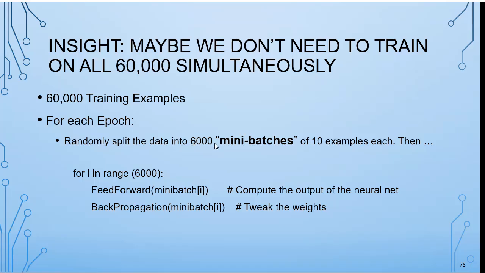Instead of having 60,000 examples in your epoch, I'm going to have 6,000 data sets. Each data set has 10 examples, and for every batch of elements, I'm going to compute the output of the neural net for those examples and then tweak the weights.